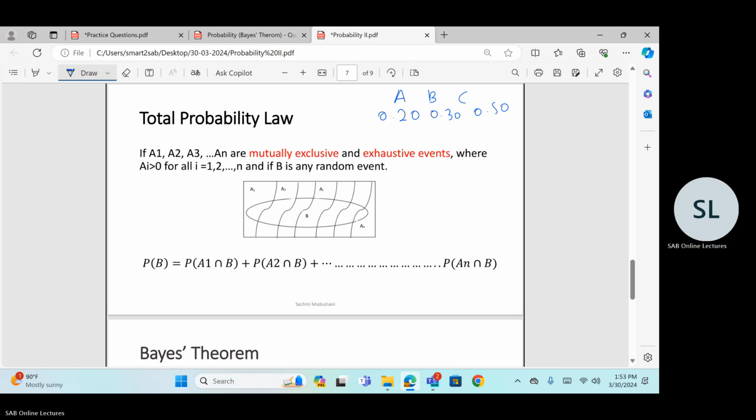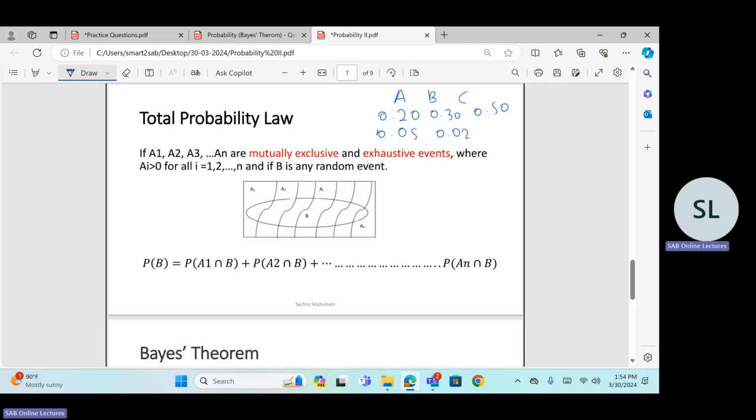Understood? Then there will be a chance of getting a defective item. They check their quality level. Machine A has a 5% chance of producing a defective item. Machine B, 2%.